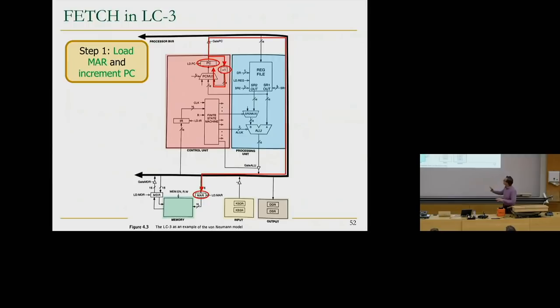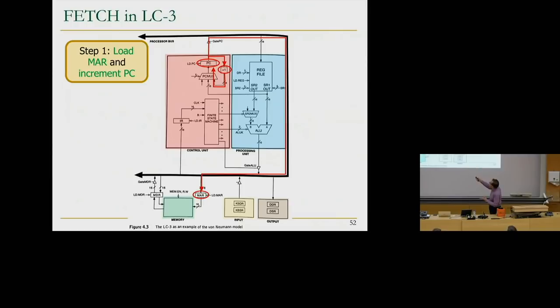But before we do that, we can also increment the PC, because we eventually know that we're going to go to the next program counter, right? To be able to do that, there's an element in the data path over here that basically has an incrementer, PC plus 1, and you select that one.